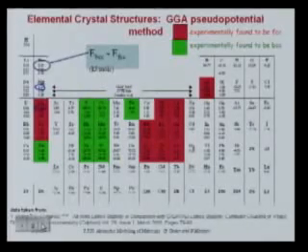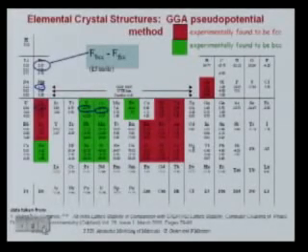If it's negative, like here, then BCC is preferred over FCC. So the color is the experimental result, the number is calculated. If you look at them carefully, they're all correct. It's negative when we have green, it's positive when we have red.